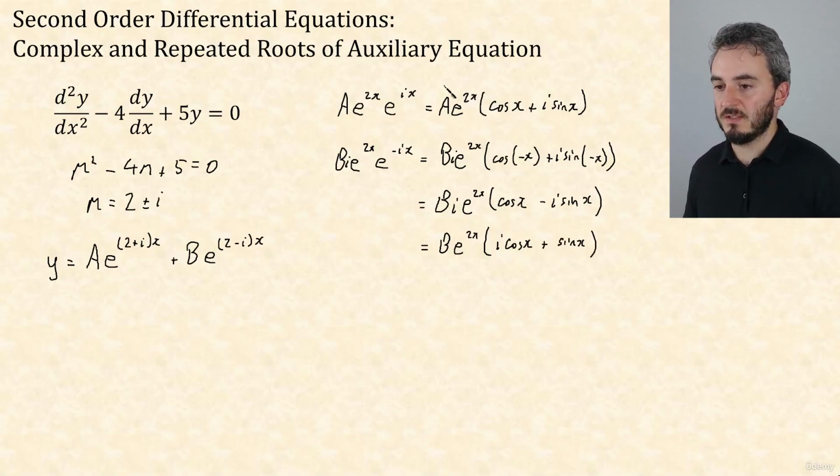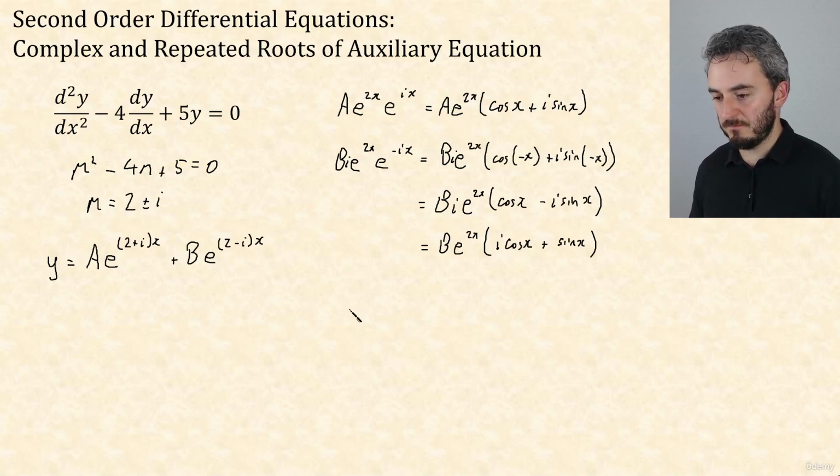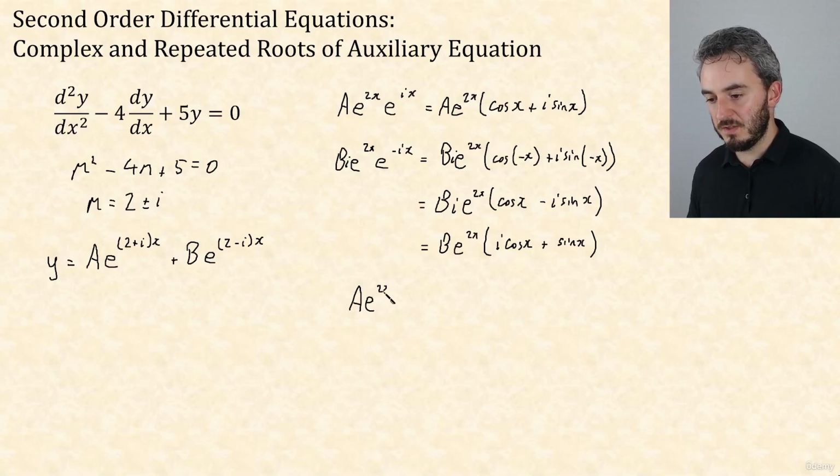So look what we get. The real bit we can take from this top one is a e to the 2x cos x, and the real bit we can take from here is b e to the 2x sine x.